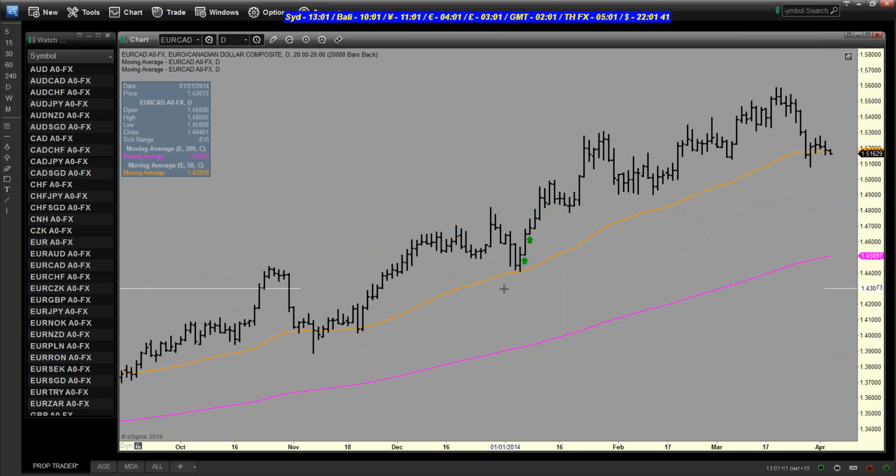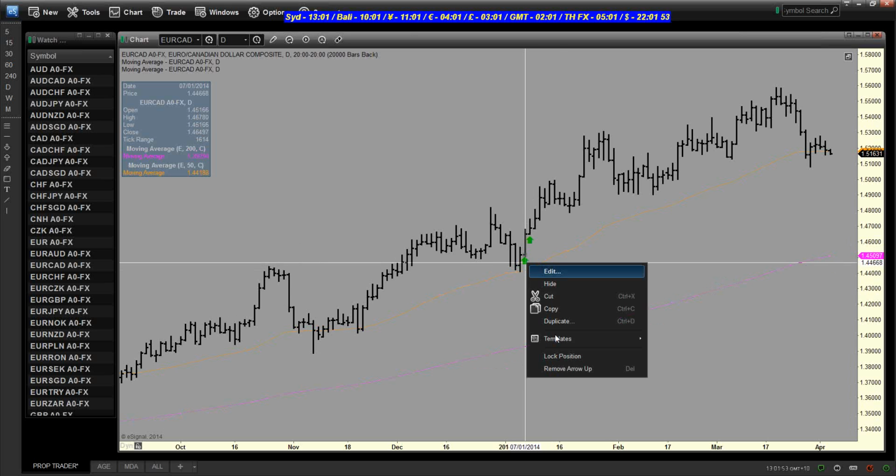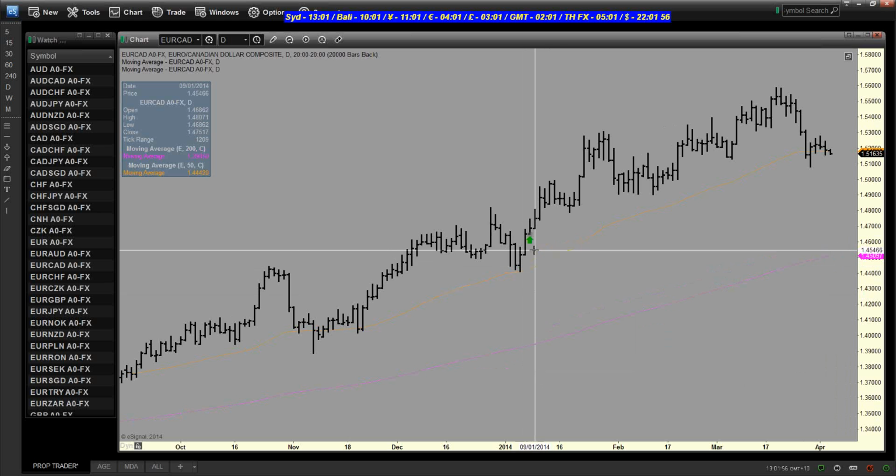Can you guys see those green arrows? And so then you get bar one and bar two. So here's your two buy bars.